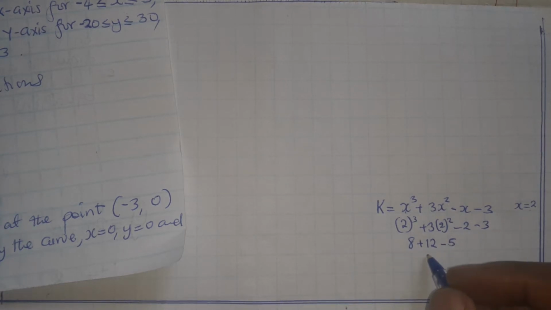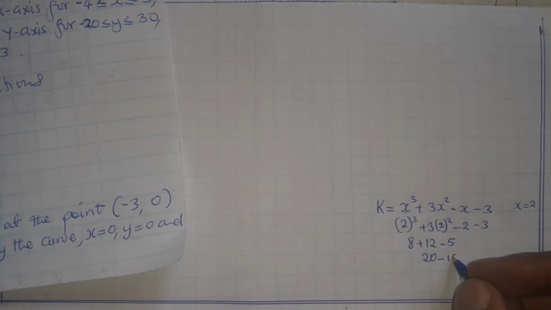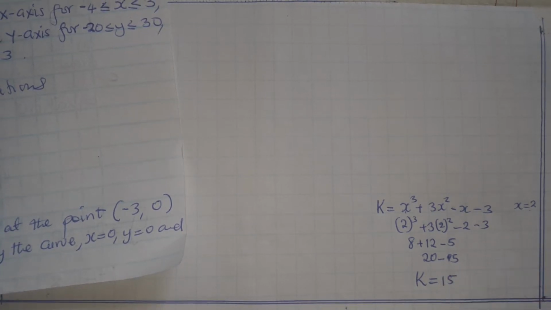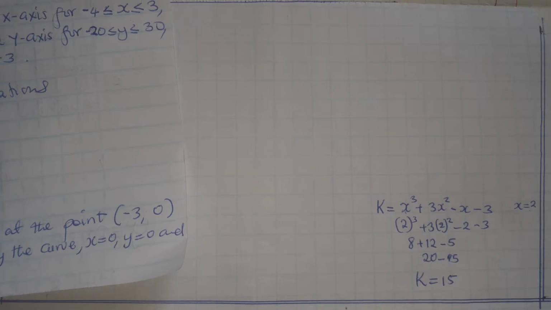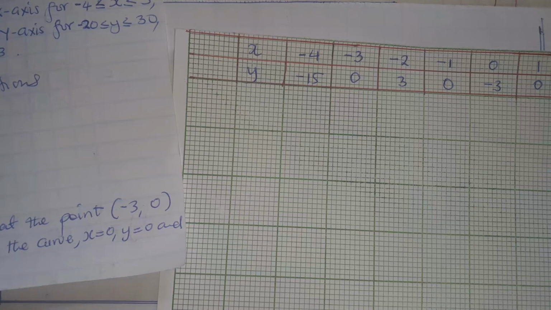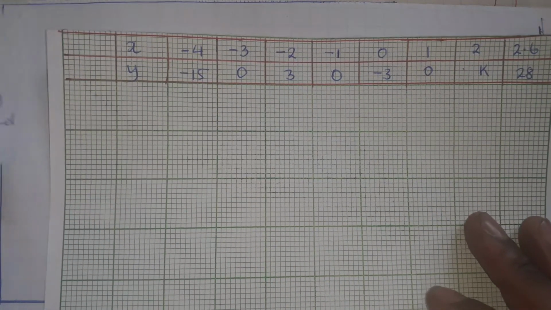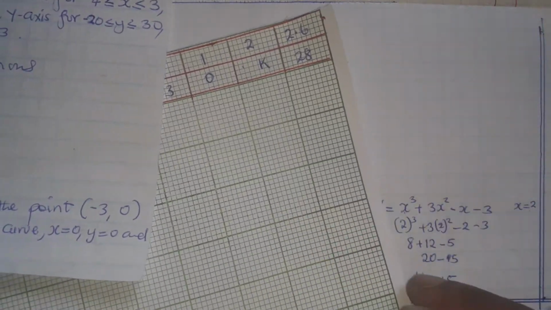Okay, so what do I get from this side? Here I'm going to get 20 minus 5, I'm getting k is equals to 15. K is equals to 15. Are we together? So let's take note there. Okay, so k is equals to 15.